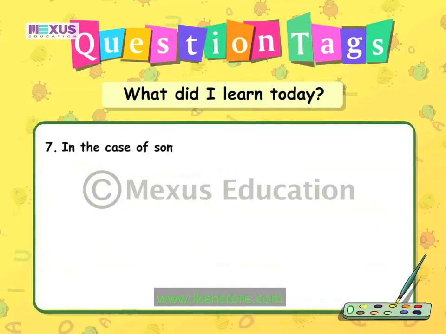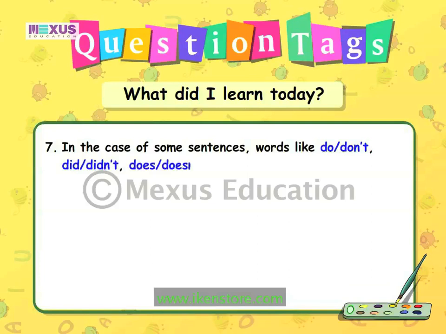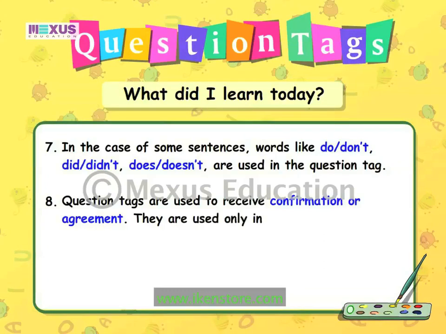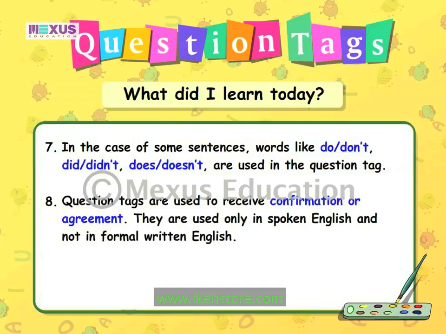In the case of some sentences, words like do, don't, did, didn't, does, doesn't are used in the question tag. Question tags are used to receive confirmation or agreement. They are used only in spoken English and not in formal written English.